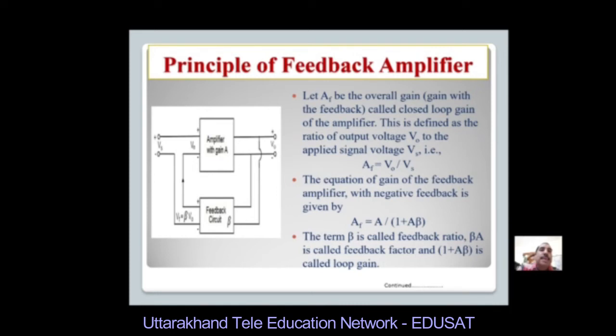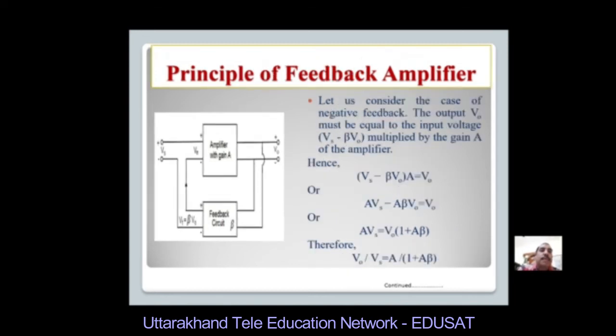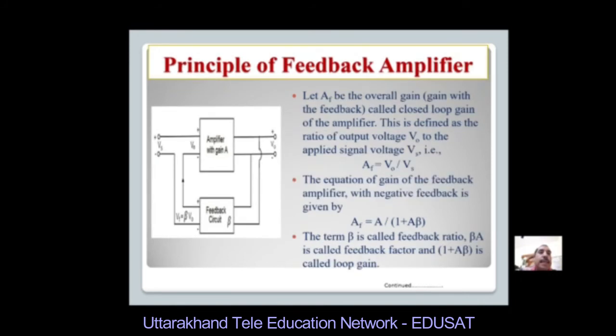Now, let us consider the overall gain with feedback is AF. This is called the closed loop gain of the amplifier. It is defined as the ratio of output voltage V0 to the applied signal voltage Vs. In the previous slide, we saw that the ratio of V0 upon Vs is equal to A upon 1 plus A beta.